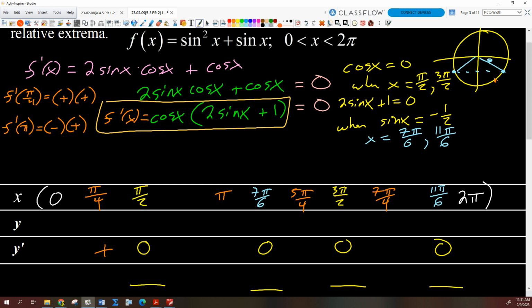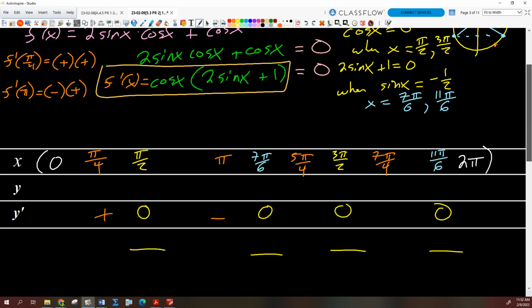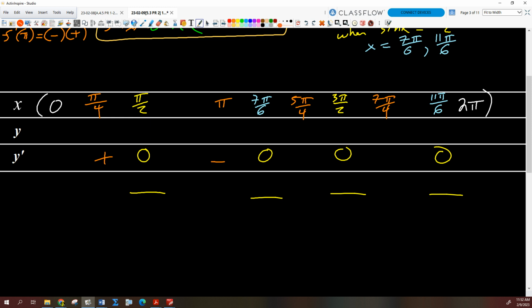So the overall sign of the derivative at pi is what? Negative. Okay, because we're going from positive to negative at a horizontal tangent, what does the first derivative test tell us? It's going to be a maximum, isn't it? If I'm going from increasing to decreasing, it looks like that.